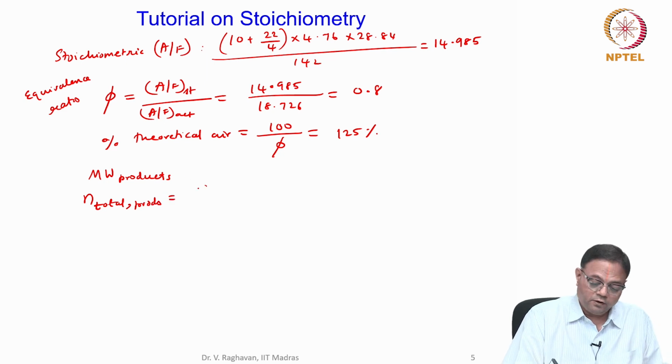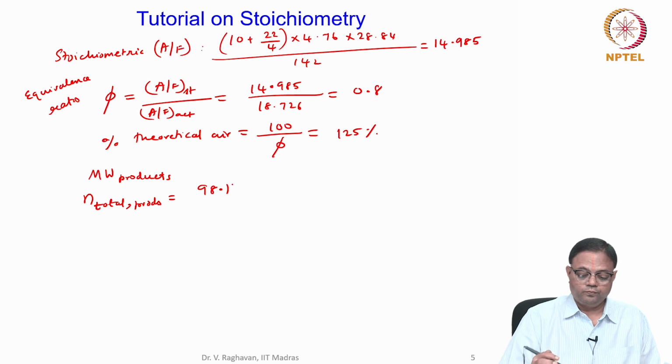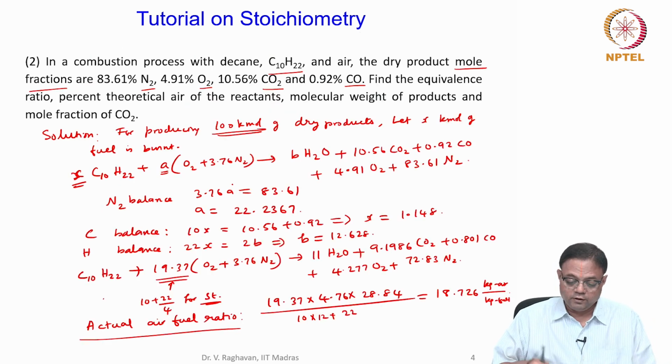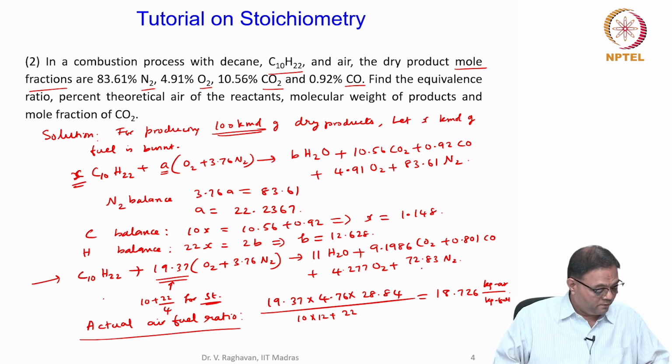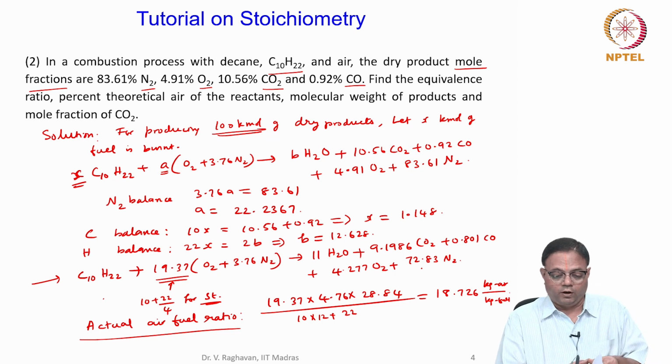Products is 98.1 moles. So go back to this equation. In this equation, if you add this 11 plus 9.1986 plus 0.801 plus 4.277 plus 72.83, that is the total number of moles, that is 98.1.